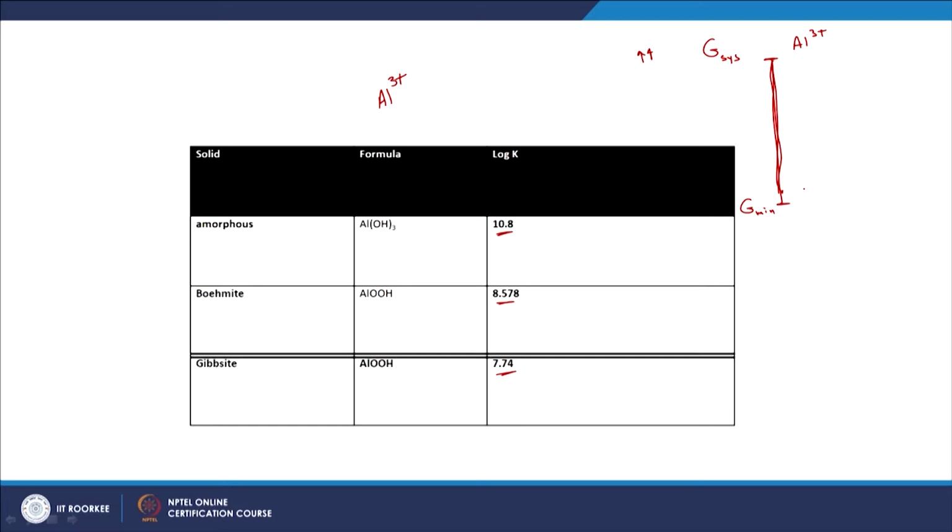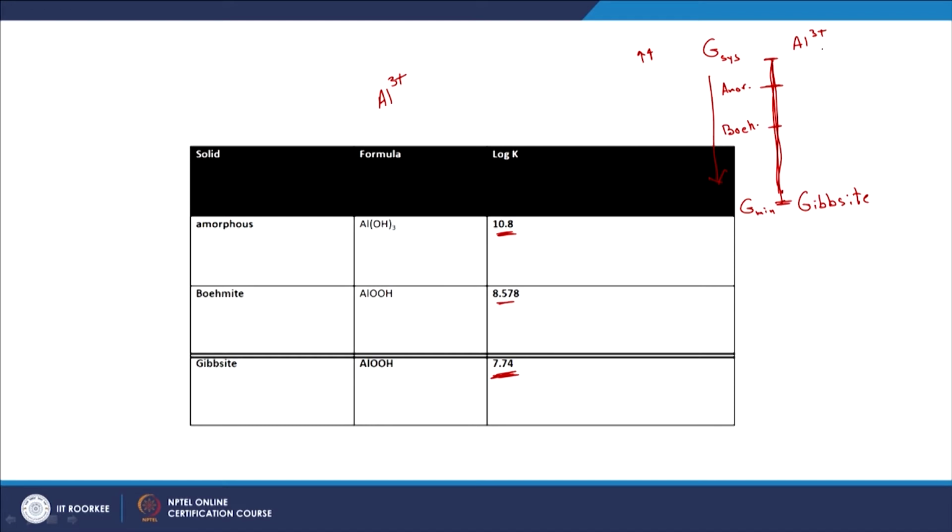So where does the system want to travel? From here to here, but obviously there are different stages. Because the log K value is higher, initially you will come across the amorphous form, then you will come across the boehmite form, and then you will reach the gibbsite form, where you are going to have the minimum Gibbs energy of your system.